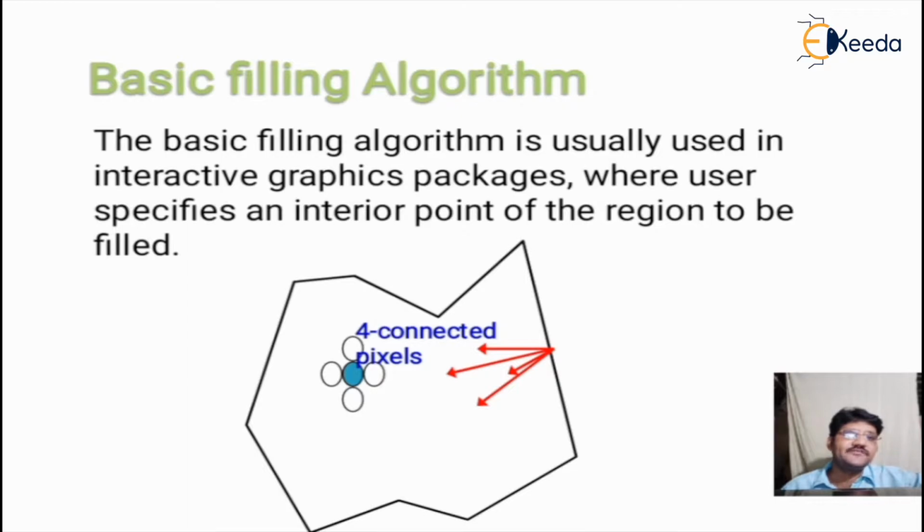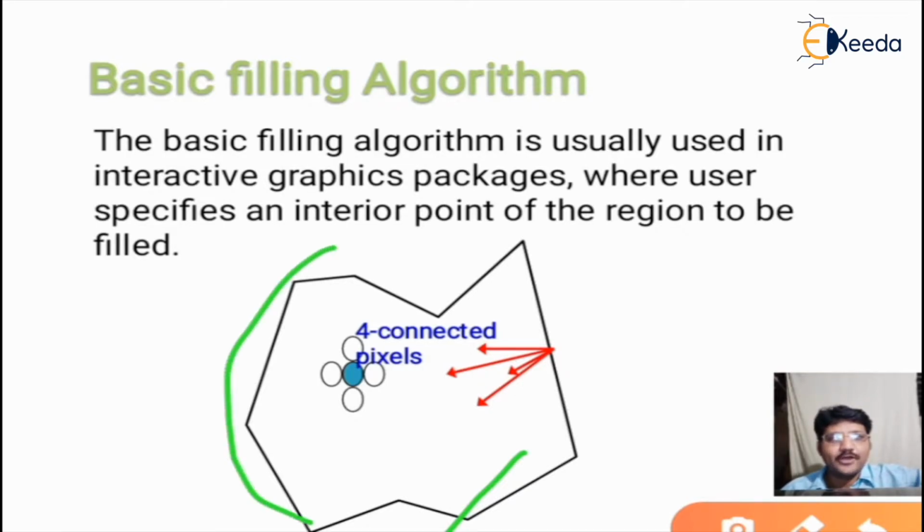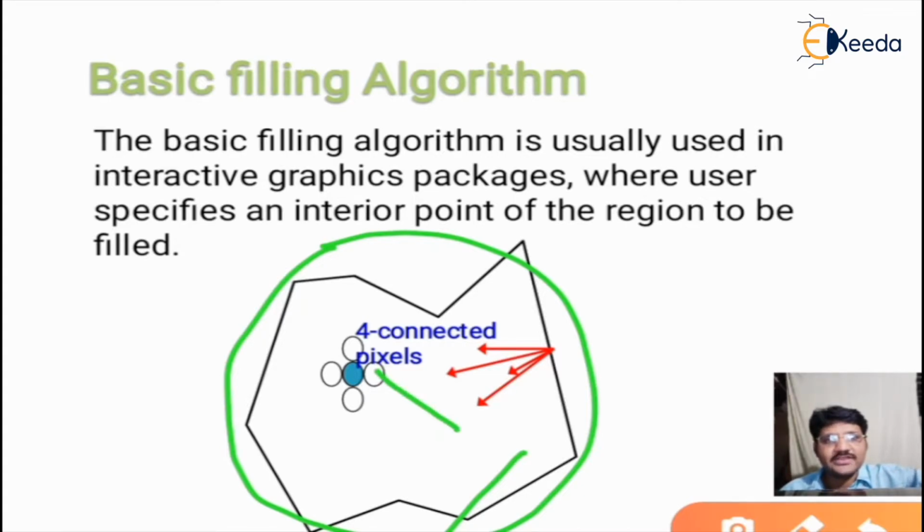The basic filling algorithm is usually used in interactive graphics packages where the user specifies an interior point of the region to be filled. In this diagram, we can see this is a polygon and we first select a point.